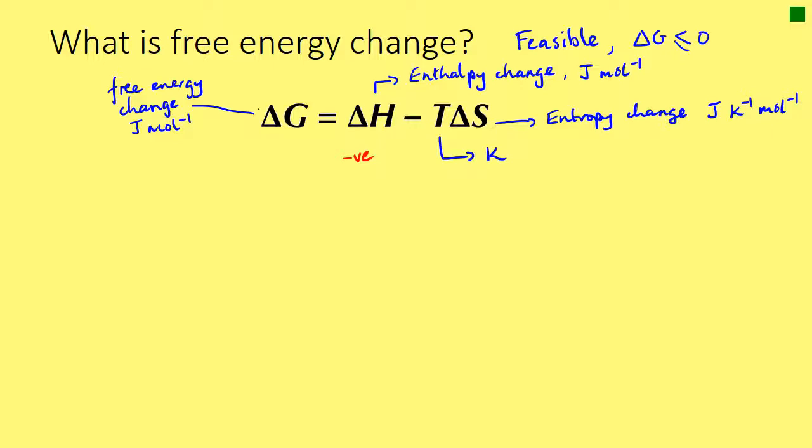But because we're subtracting it, that's going to make delta G even more negative. And that's what indicates a feasible reaction. So feasible reactions are particularly prevalent when you've got exothermic reactions where the entropy increases.